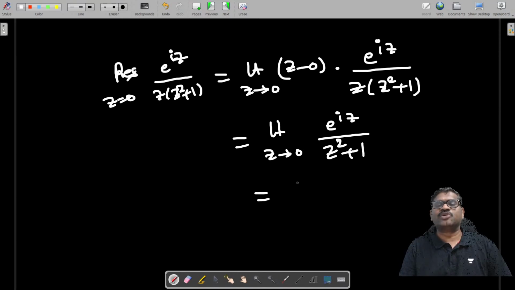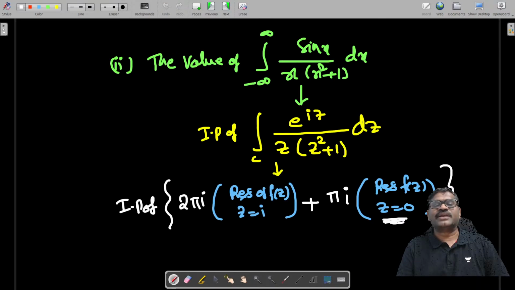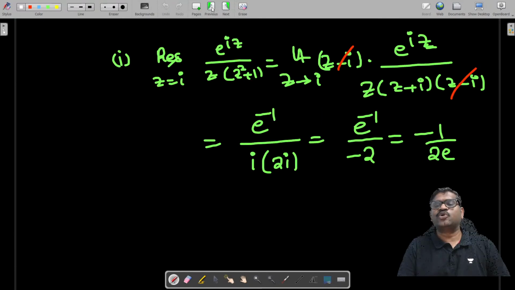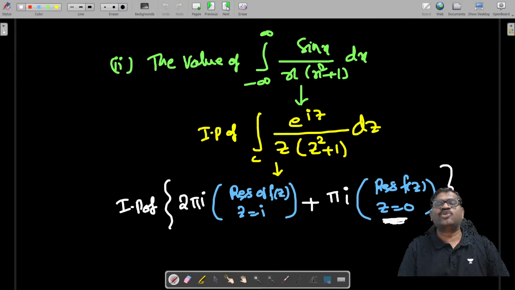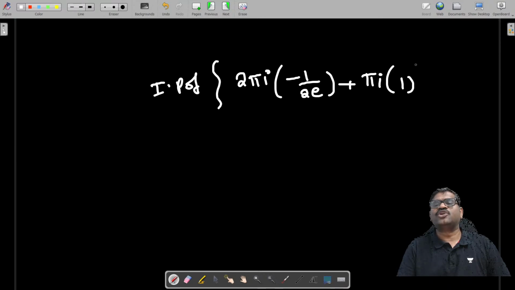When z is tending to 0, e^0 is 1, and 0 plus 1 is 1. Now come here: the imaginary part of 2 pi i into minus 1 by 2e plus pi i into 1.